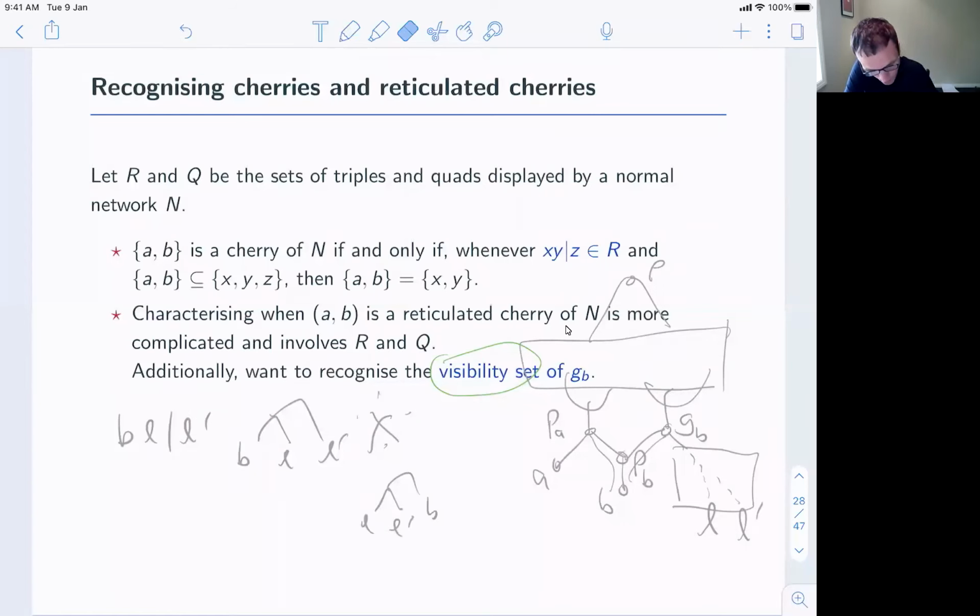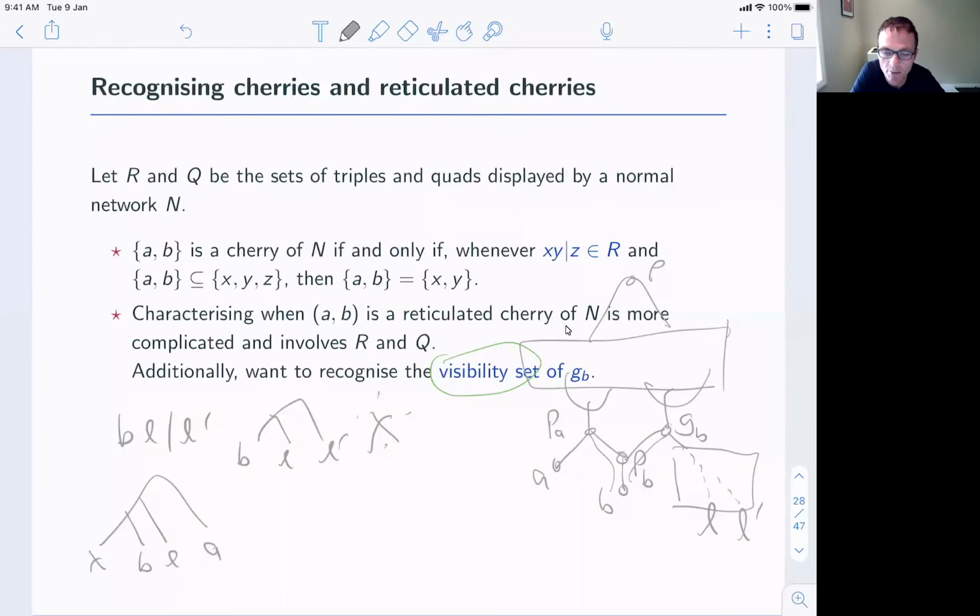If you want a quad one, here's a quad condition that you have. I can't have a quad of this form, where L is in the visibility set of GB. I can't get a quad of that form, where X is some leaf, not B or A. So B meets L, then it meets A, going up this way, but X has met B beforehand.